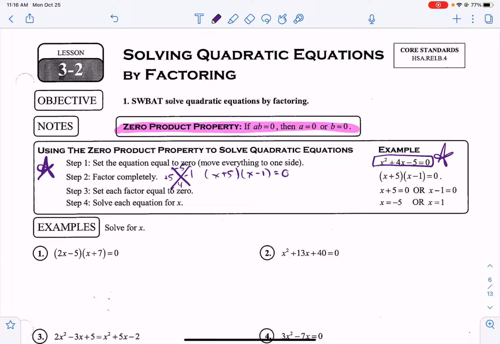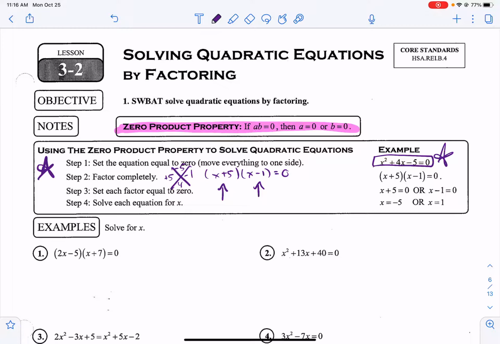In the last chapter, all you had to come up with was these parentheses, and you were done. But now we're going to use those parentheses and this idea of two things being multiplied to be 0. Because look, this parenthesis on the left multiplied by the parenthesis on the right, those multiply to be 0.